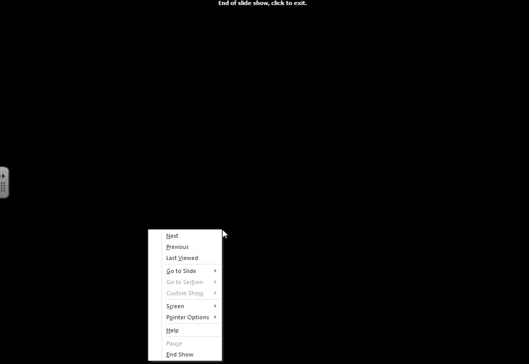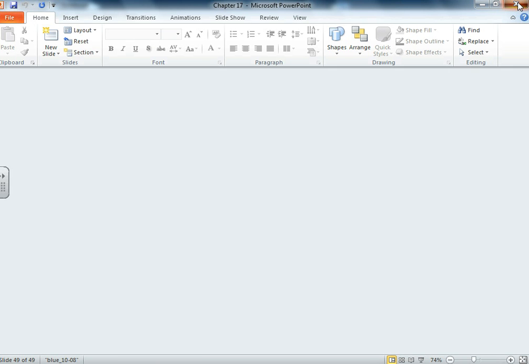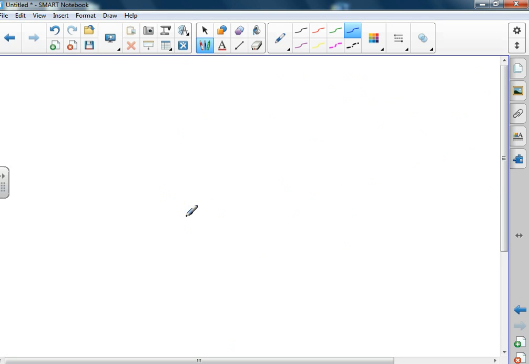So, done with the presentation. Now we will proceed to figure out where we are in the problem set. As I recall, last time we went as deep into the problem set as we could until we got to the word Zener.